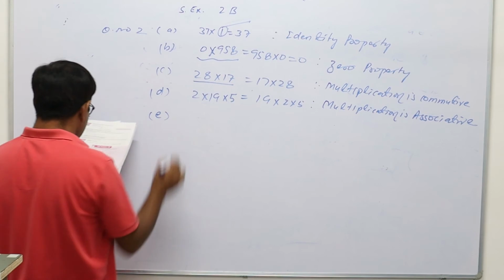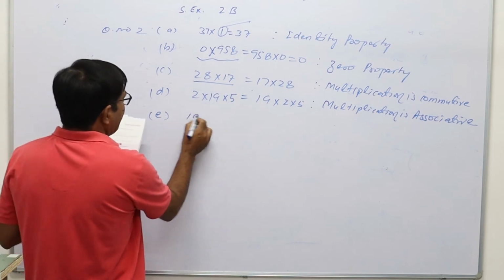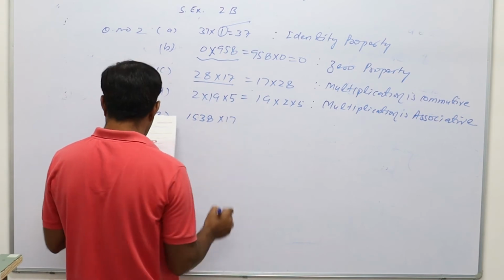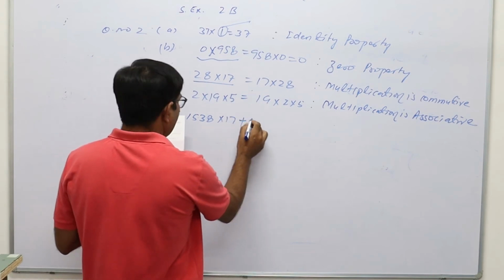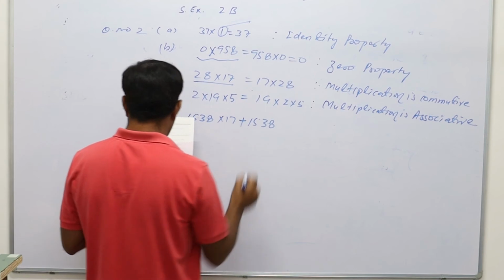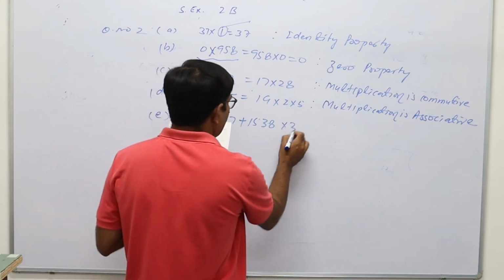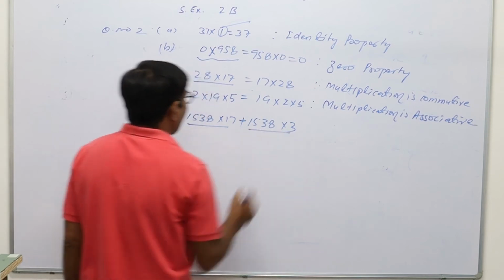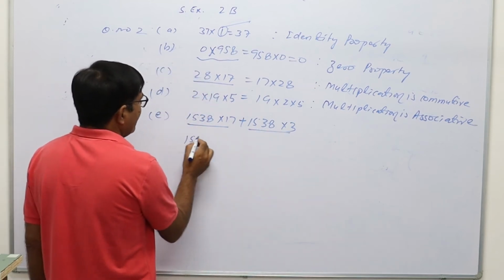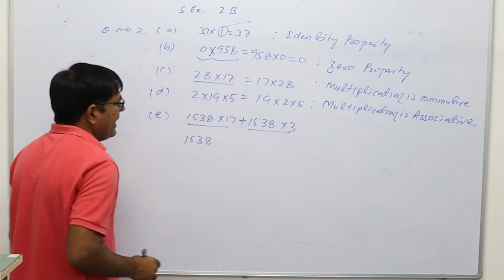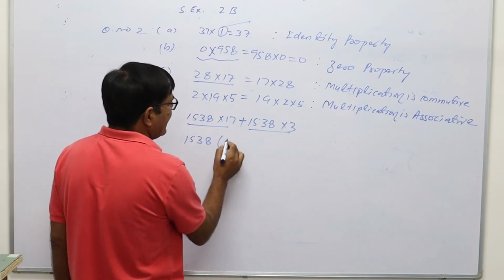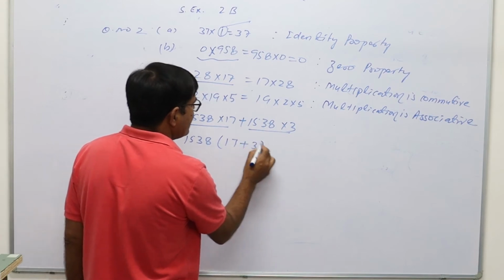Then E: 1538 multiplied by 17 plus 1538 multiplied by 3. In these two terms, if we take 1538 as common, then it can be written as 17 plus 3.